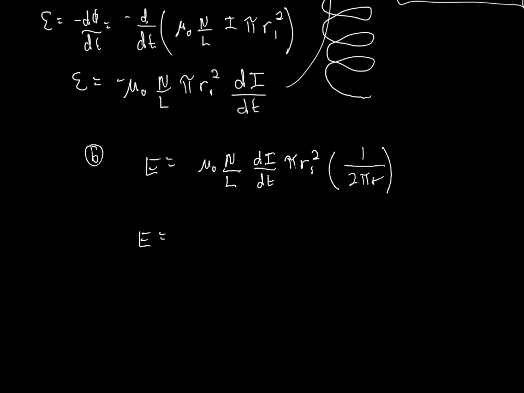Plug and chug our variables in. What's mu naught? 4 pi times 10 to the negative 7. What's n over L? 350. 350 turns per unit length. What's di dt? 1.5.